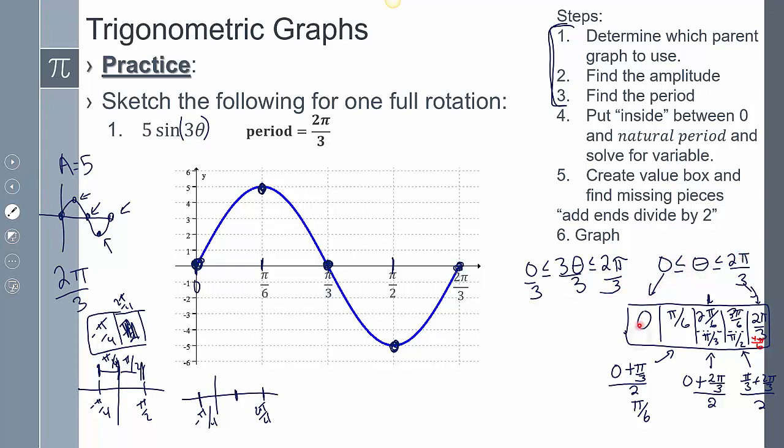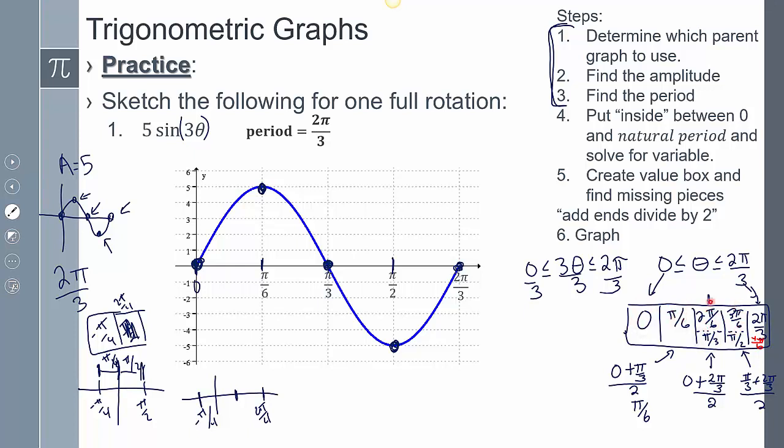For that value box that had all those important values, we know they're going to change, and so this represents the first value in the value box, and that represents the last value in the value box. To find this middle value right here, we use the midpoint theorem: add these two together, divide by 2, I get that value. To get this value, this is in between these two, so I add this together and divide by 2, and I got that value.